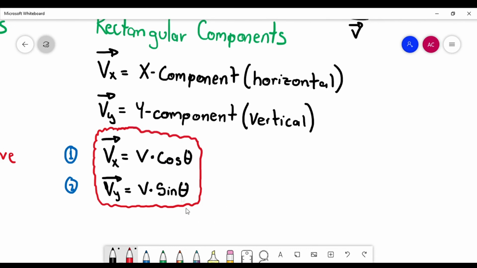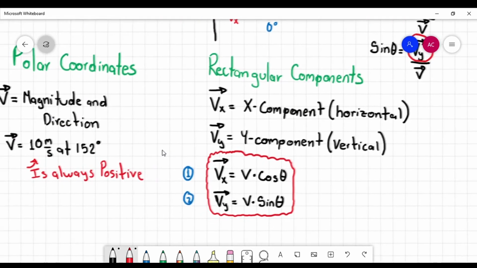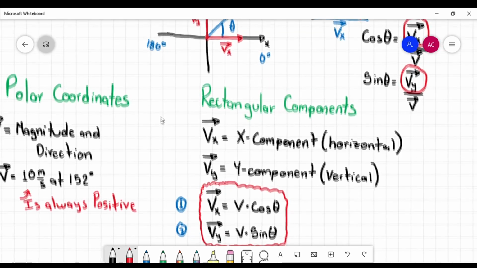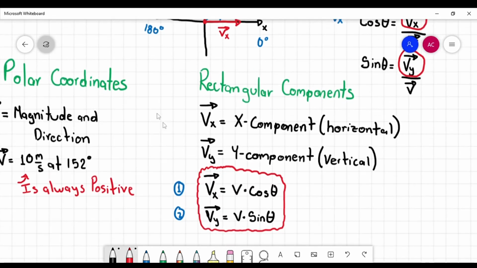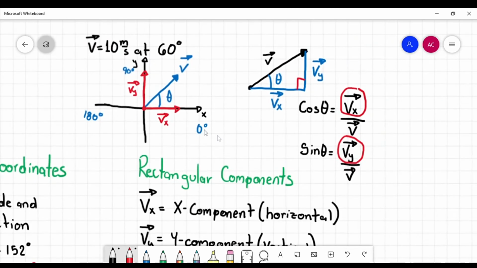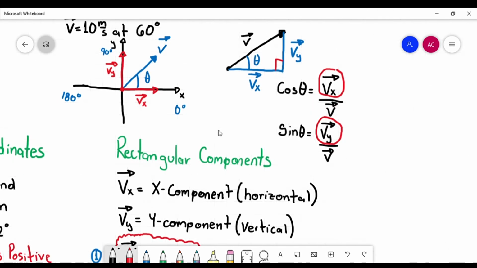Got it? Okay, so I hope I made myself clear that there are two ways to represent a vector, using polar coordinates and using rectangular components. And these formulas that I wrote here, we found using the right triangle representation and using trigonometric functions.